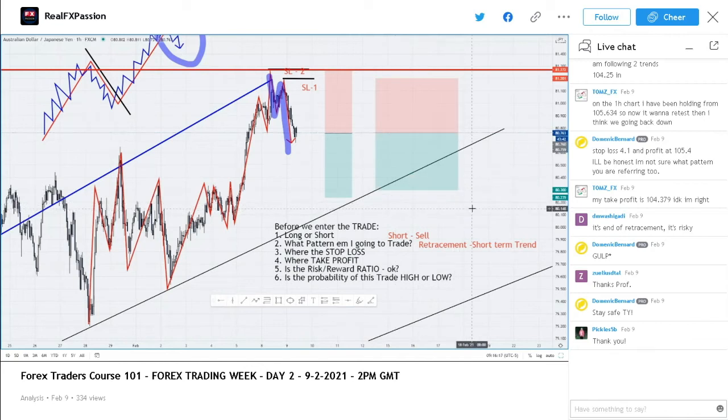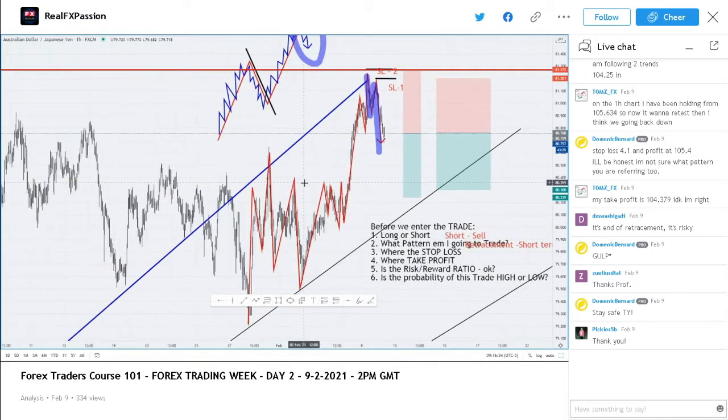Okay, great. Prefer 1 to 2. Probability looks good. Everybody, okay? Why does the probability look good or bad, everybody? Why is the probability looking good?